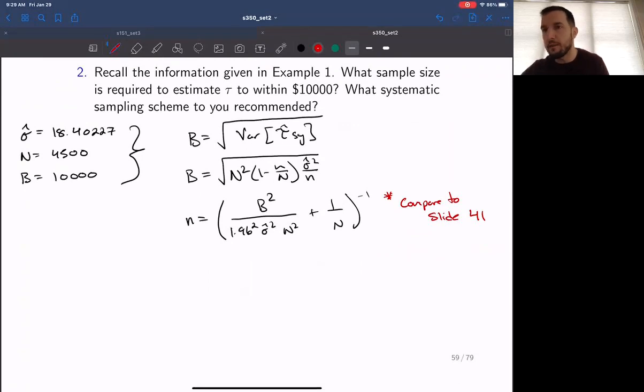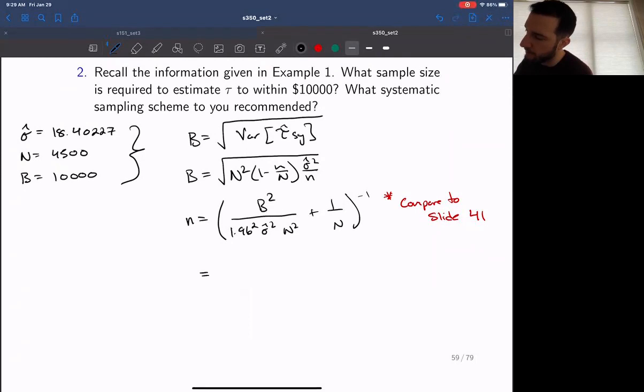But the problem is that capital N being very large depends on the problem we're working with. It really depends on our estimate of the variance or the estimate of the standard deviation, and the bound. So we have capital N here, so we'll include it in the calculation, but we can check to see the difference very easily.